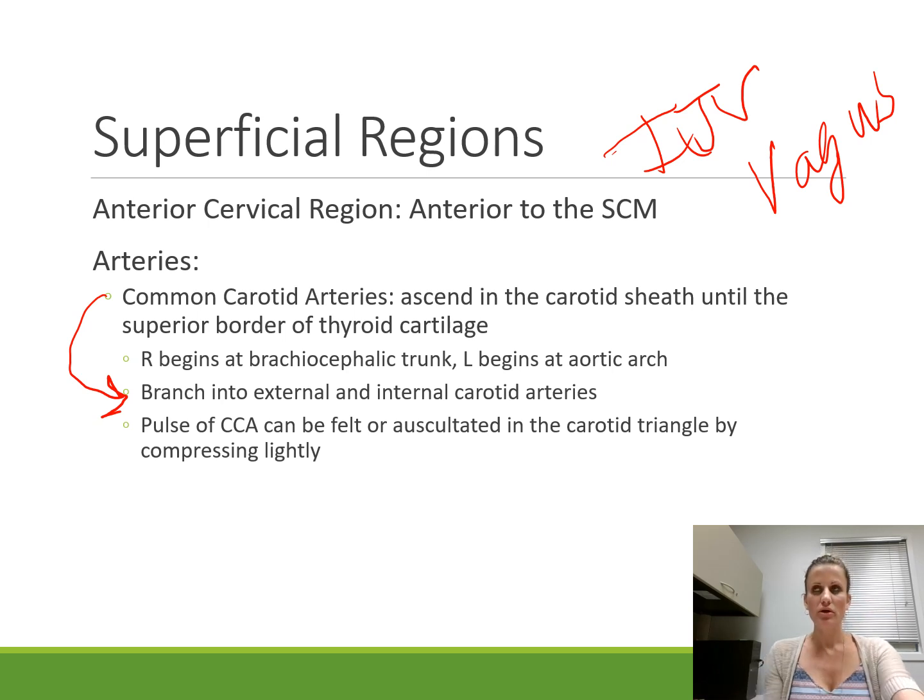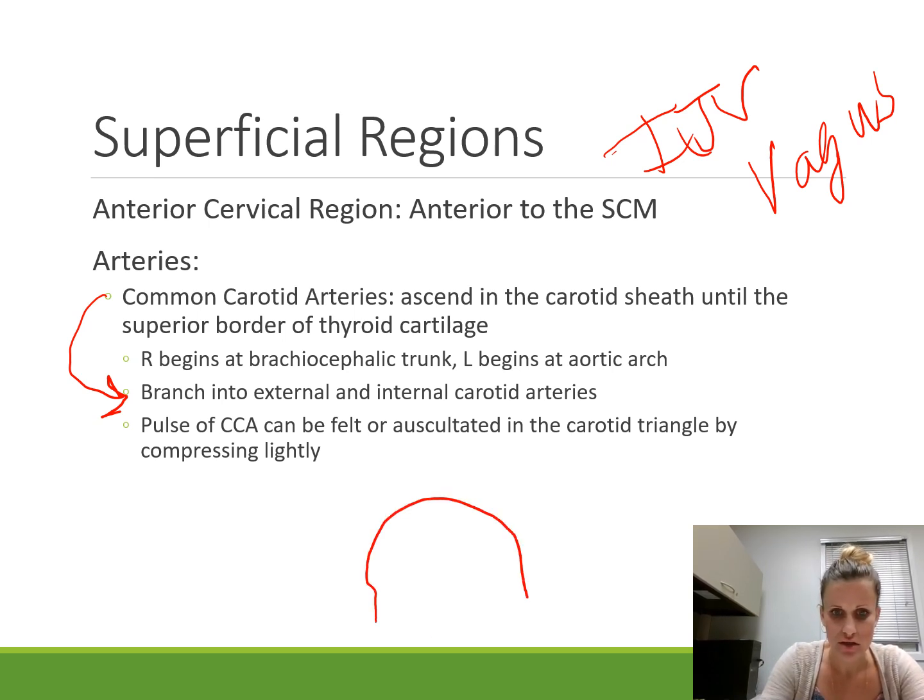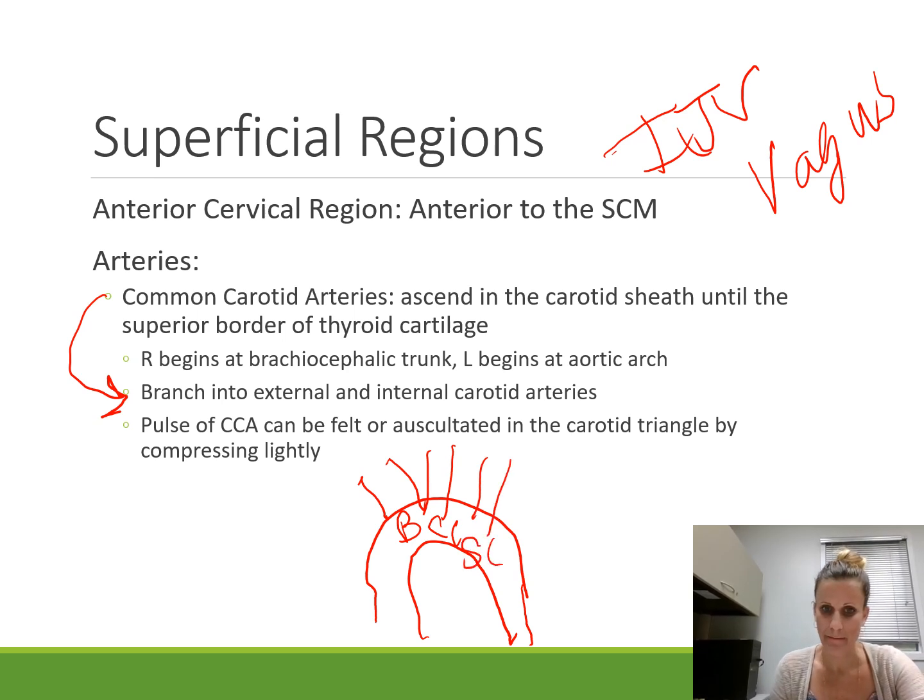When we look at the common carotid arteries, they have different origins. Okay, so remember that the aorta comes up, there's the aortic arch, and then it descends. And there are three branches off of this aortic arch. The first branch is the brachiocephalic trunk. Then we have the left common carotid. Then we have the left subclavian.